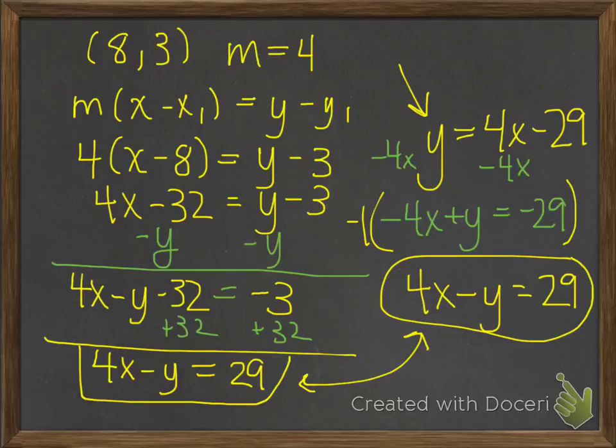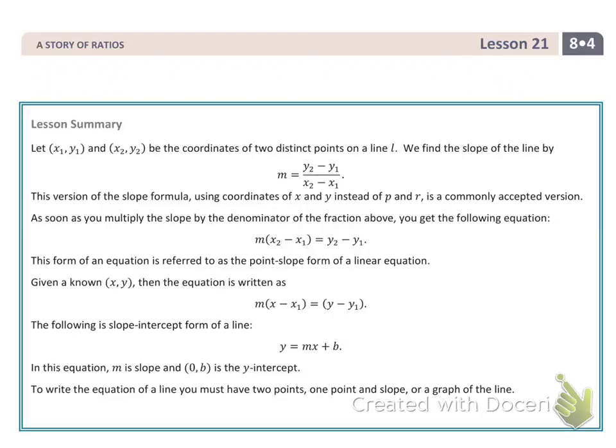Okay, let's see what we have here. So the lesson summary you have on your problem set, or near your problem set, includes this more standard form of the slope formula, which is this one right here. And it just uses different coordinates for the 2 points.